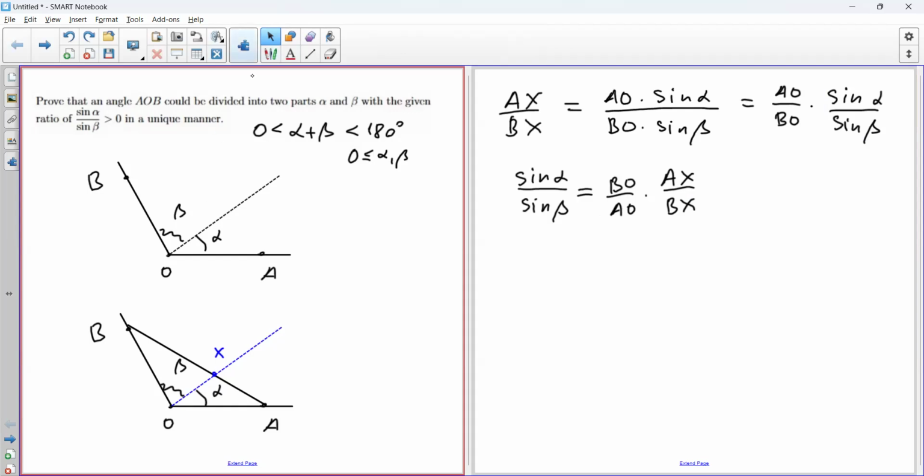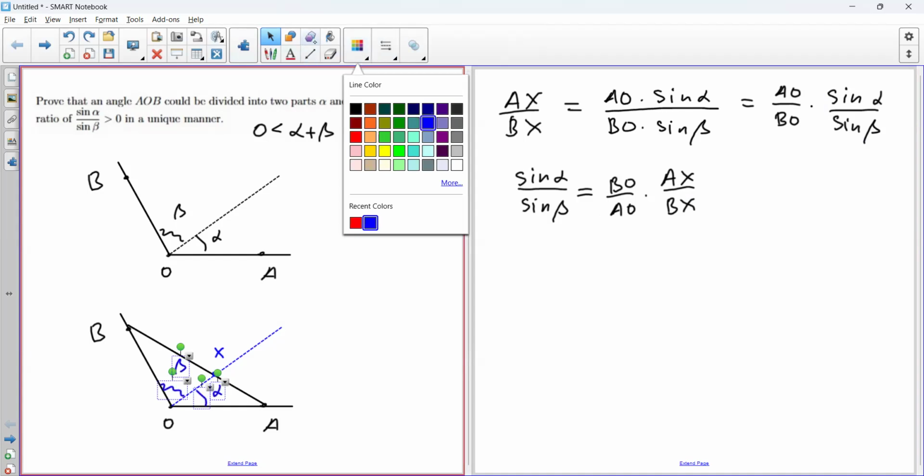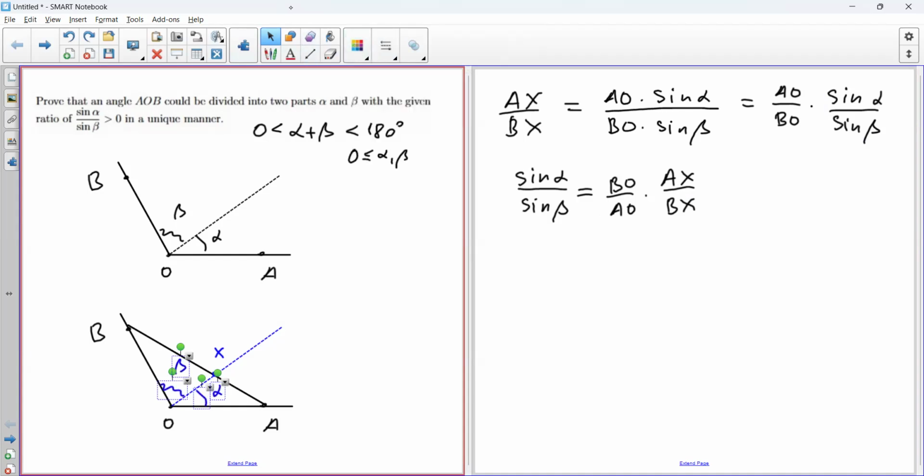So we also may denote these as blue because they also would be changeable or changing with the ray.